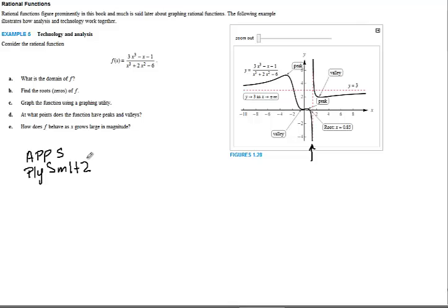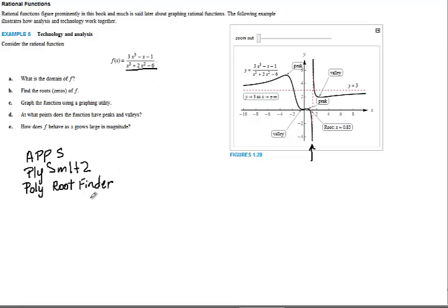I'm going to pick number 1, which is polynomial root finder. I'm going to choose the order. Now I need to know where the denominator is 0.